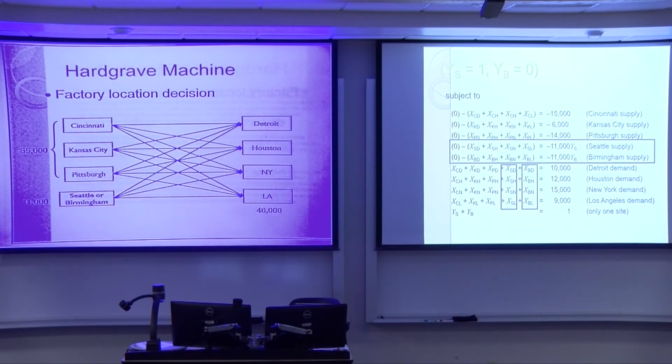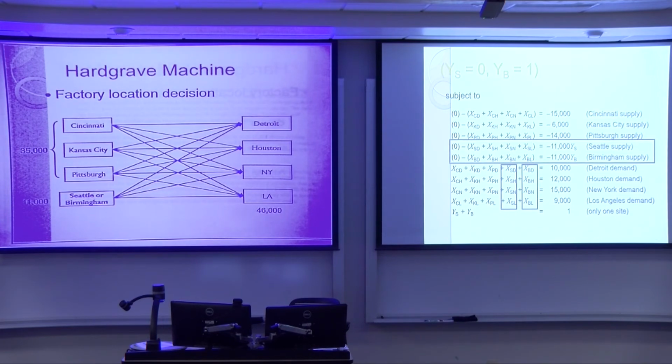You can see here, if Seattle is selected as the site for the new plant, then this one will be gone, meaning YB equals 0, and all this will be equal to 0. So this one at the end will be ignored.